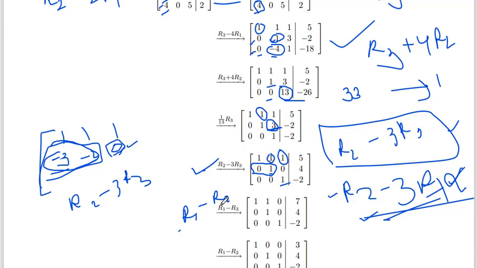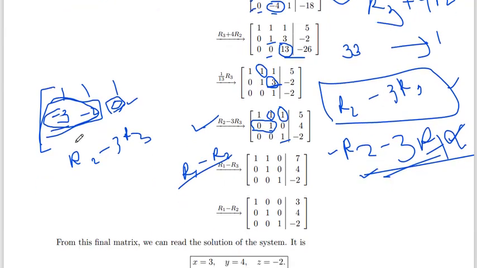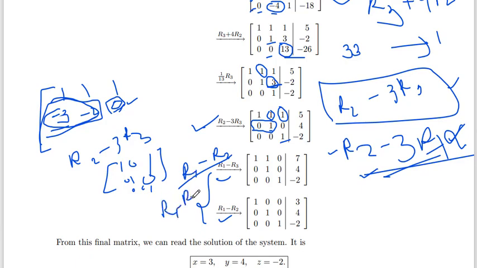If we apply R1 minus R2, then this will become 1 0 1, 0 1 0 and 0 0 1. Here 1 will stay the same. So you can interchange these two operations. You can use R1 minus R2 or R1 minus R3, anything. First you can use R1 minus R2 and then R1 minus R3.